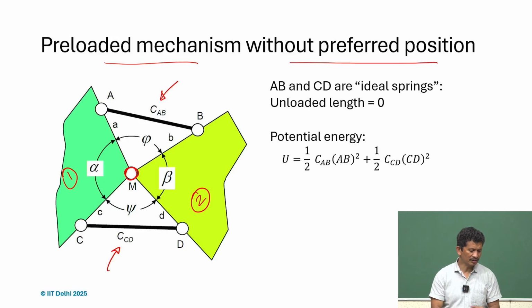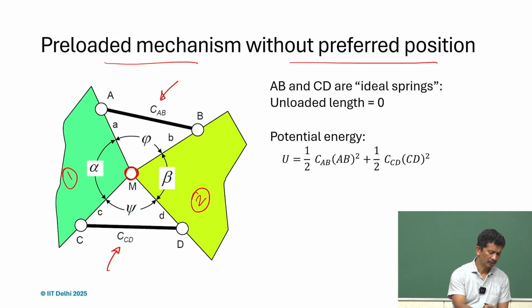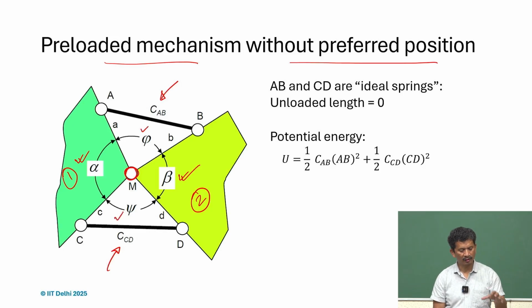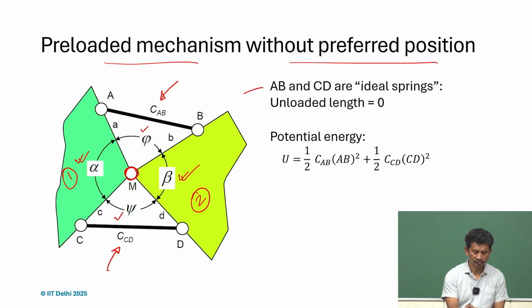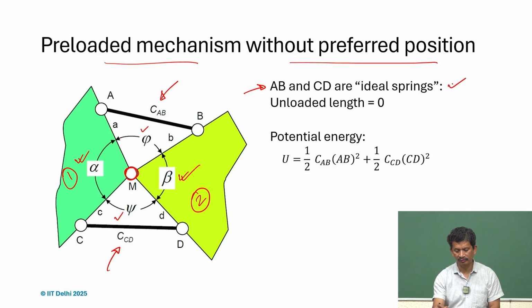So if this is the case, and these two links are connected at M, with wedge angles alpha and beta, and the angles made are phi and psi, then what will happen? One of the assumptions we are making is that AB and CD are ideal springs.